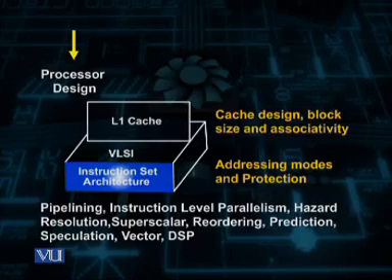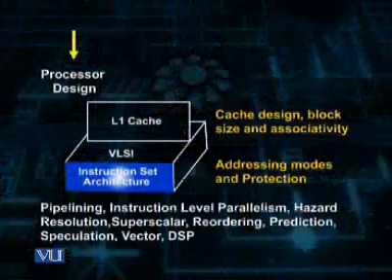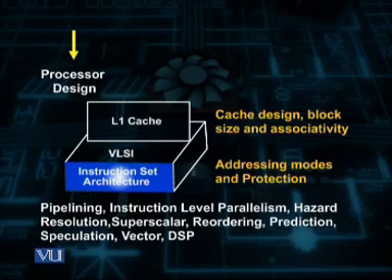However, at the instruction set level, we have to see what type of instructions are to be designed, taking into consideration the pipelining, how we can introduce instruction level parallelism at this stage, then how we will schedule our whole process in order to remove the hazards, and then we can also look into different architectures, like superscalar, reordering, predictions, and speculations which might be possible in order to remove certain hazards.